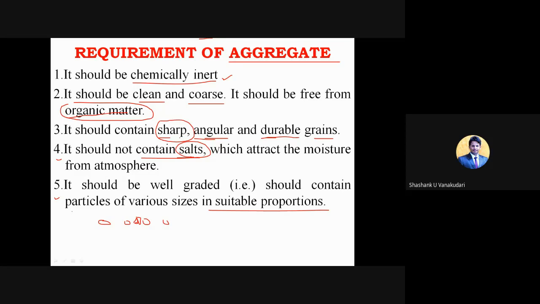And we should not use only 20 down aggregate or 16 down aggregate. We can use a mixed part of the aggregates, like some portions of 12, some of 16, and some of 12.5, so that when you use unequal sizes of aggregates, that is going to give proper bonding in its structure.